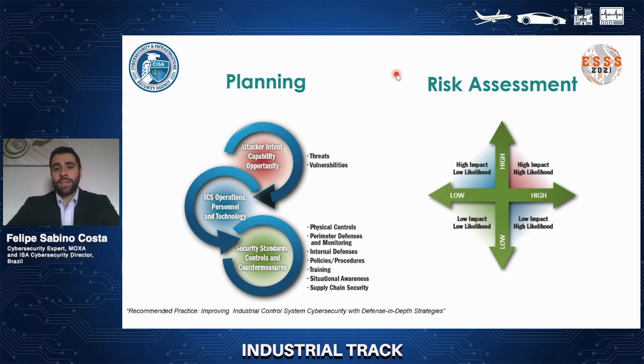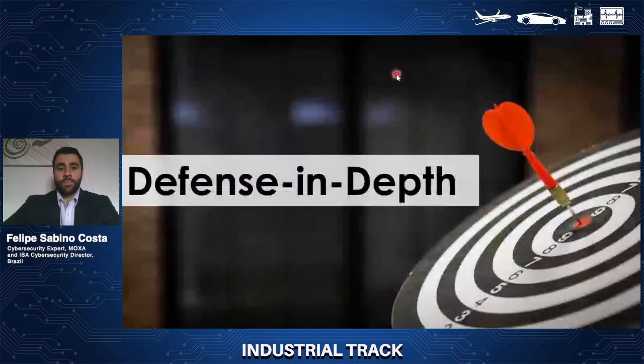The highest impact risks you need to try to minimize, reduce, and mitigate so they do not impact your system. So the first step in cybersecurity, after selecting a framework, is to perform a risk assessment to understand what you have on hands. After that, it's the phase where we start to deploy the defenses. That's exactly what we're going to discuss in a minute.